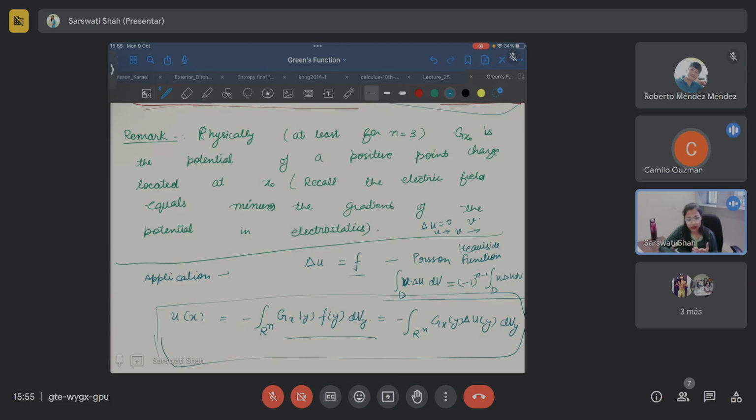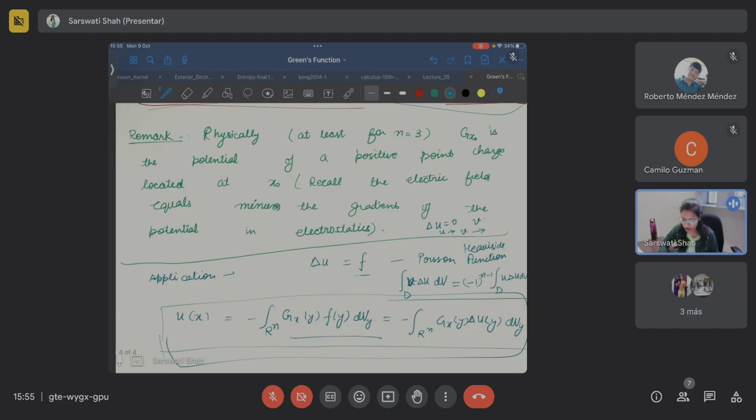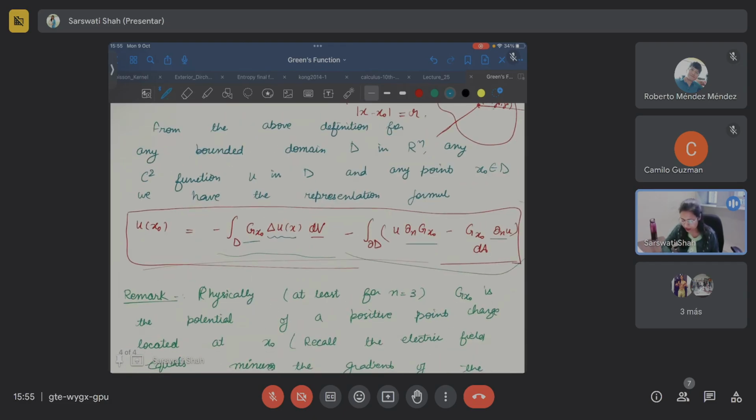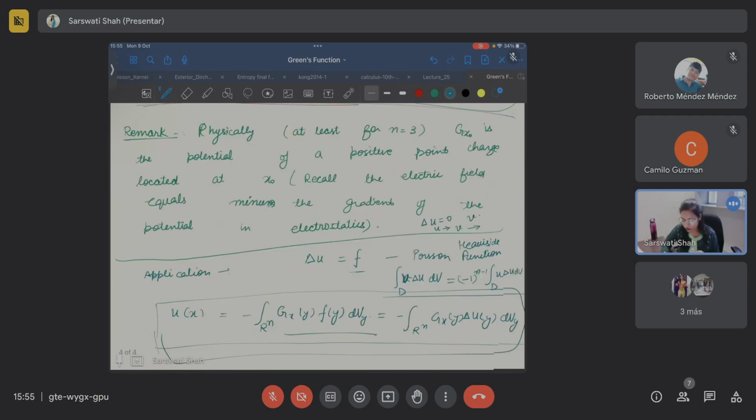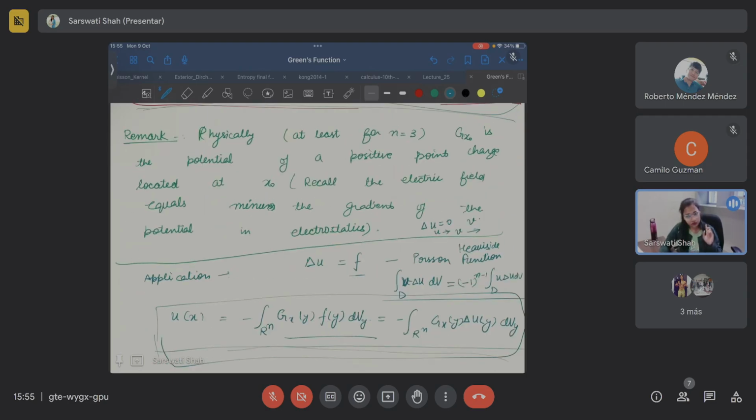Have you forgotten? Okay, so this thing is coming from that derivation. It was again a very long thing, so I was just writing it in a short way because for me only this representation formula was necessary. So I just gave a basic description. If you want to derive this, you can follow the book by Mac Owen, and he has given the derivation.